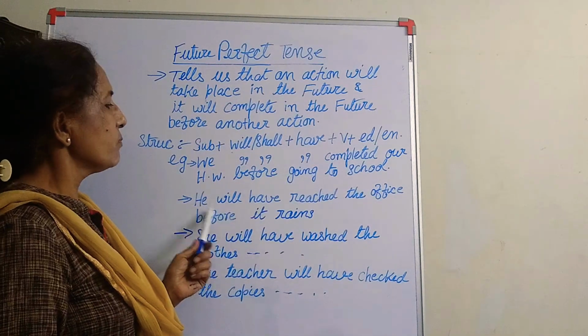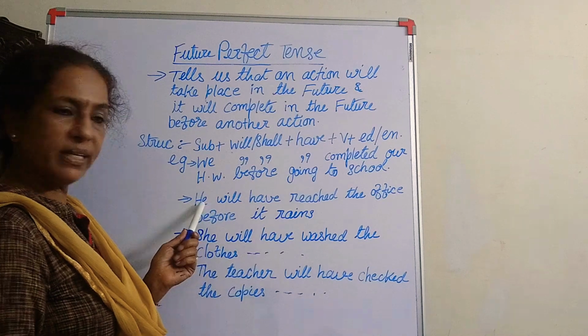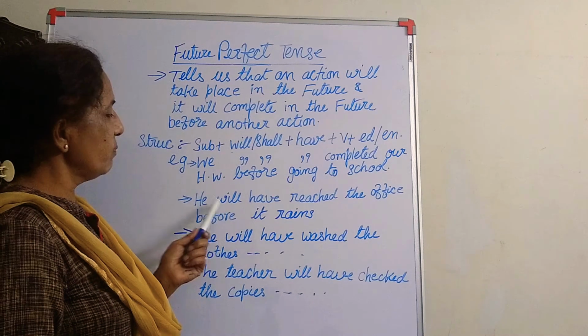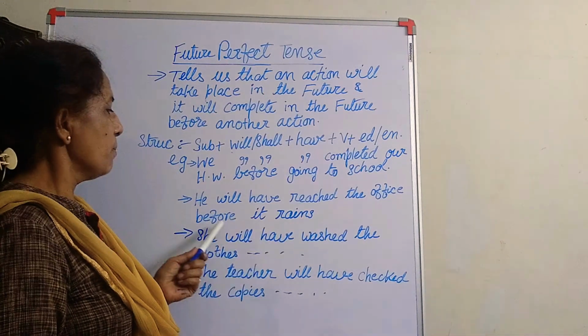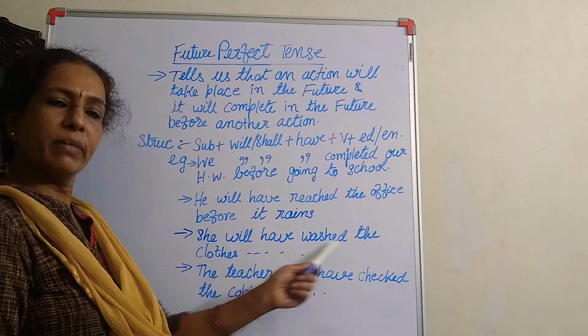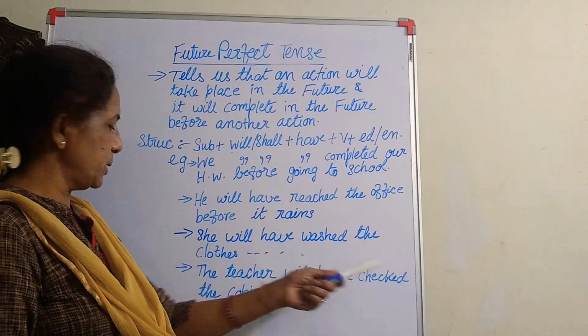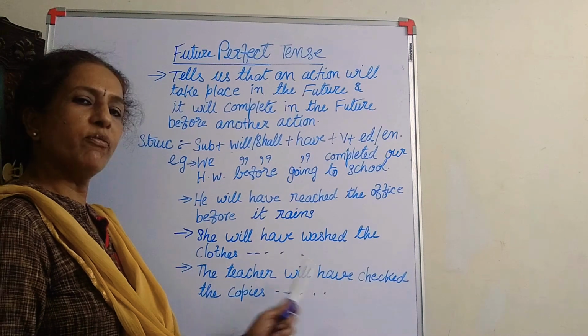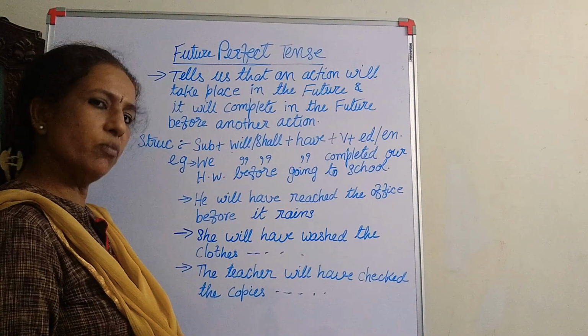Similarly, he will have, here it is he, but have, not has. He will have reached the office before it rains. She will have washed the clothes. The teacher will have checked the copies before the exams, before going home, whatever.